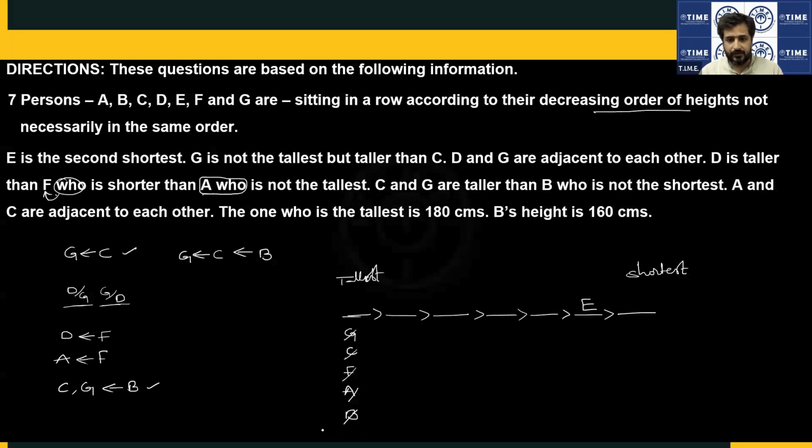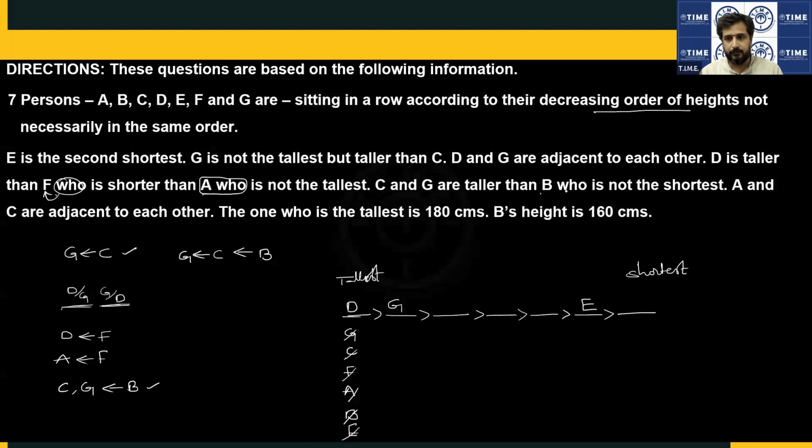And already E is the second shortest, so E cannot come here. The only person left here is D. So D must be the tallest. When D is the tallest, D and G must come in consecutive places, so the next position must be given to G.